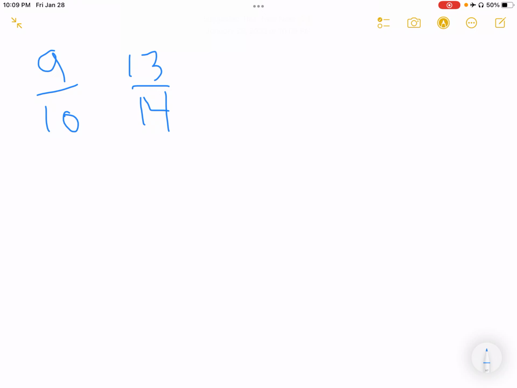Okay, so the least common denominator here, I'll tell you, is 70. So let's do that first. If we're going to use 70, then we're going to have to multiply this one by 7 over 7, and then we'll multiply this one by 5 over 5, okay?